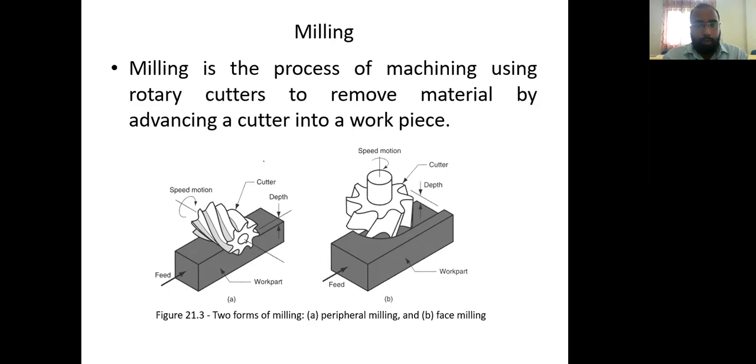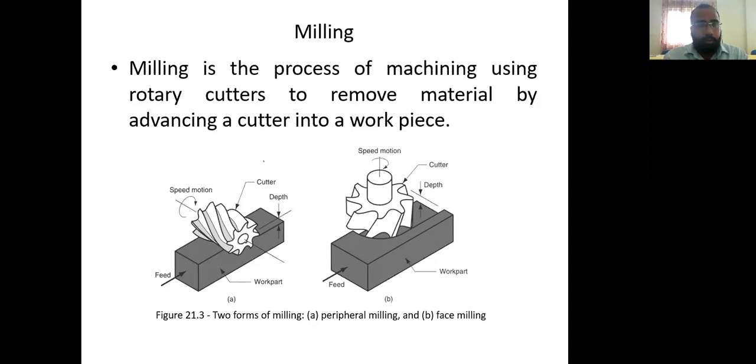In drilling, the workpiece is kept stationary and the cutting tool rotates. But in milling operations, the workpiece is moved and the cutting tool is kept stationary. That is the biggest difference between drilling and milling. Here the tool is held stationary and the workpiece is moved along the surface. So this is the milling process.